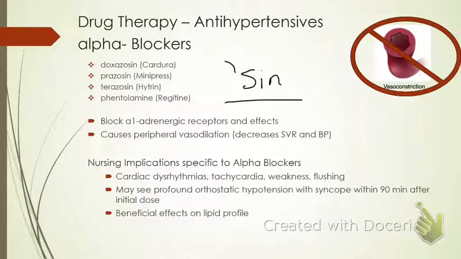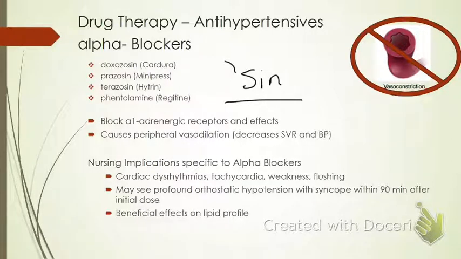It's in that category, but it's not 100% an alpha blocker. Otherwise, it would have had a sin end of the name. But sins are alpha blockers. And with alpha blockers, just know it's a sympathetic thing. It's going to cause cardiac issues as well because we are causing vasodilation.